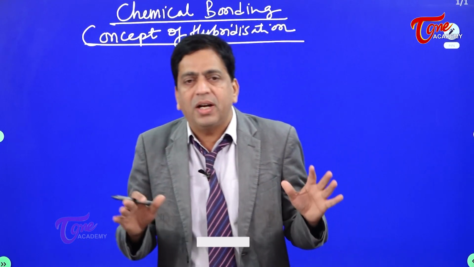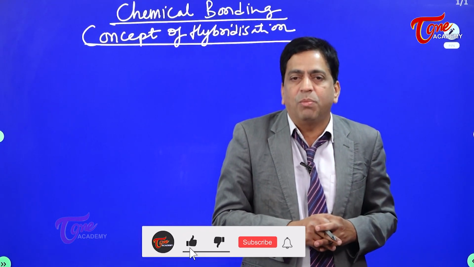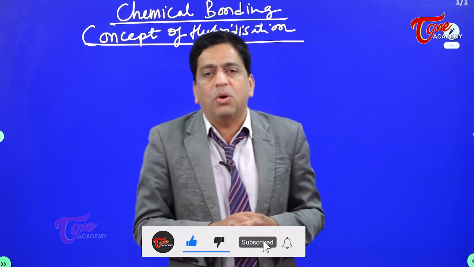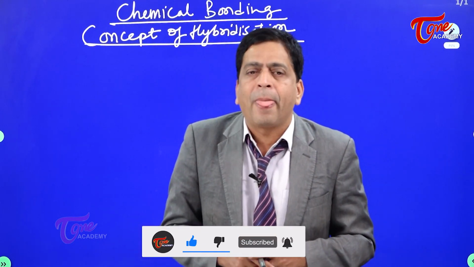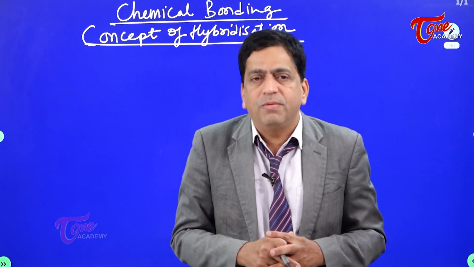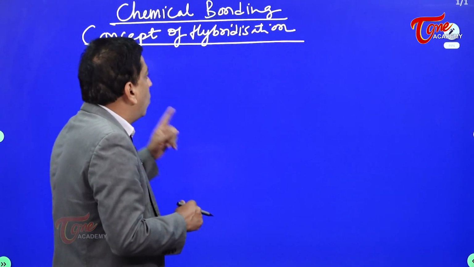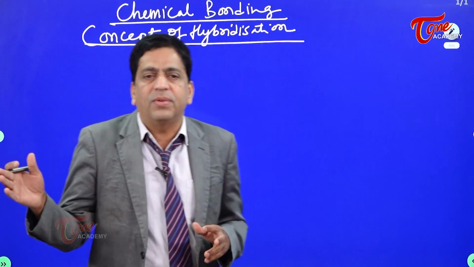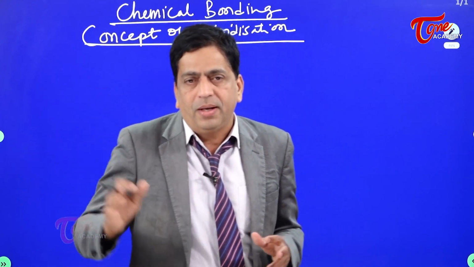That is the biggest merit of his valence bond theory, the introduction of the concept of overlapping. You must understand. So now in today's session we will introduce the concept of hybridization, and then we'll go in for the applications which are required for your exam.